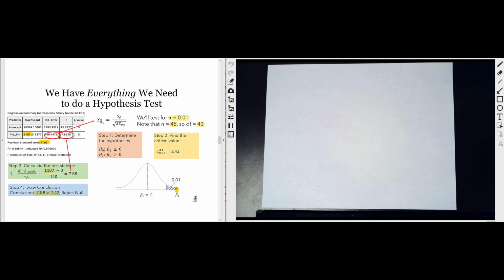Years of experience contributes to salary increase. All right.